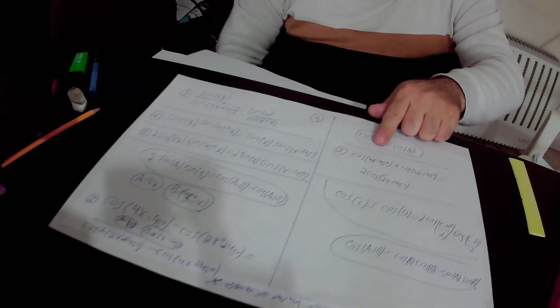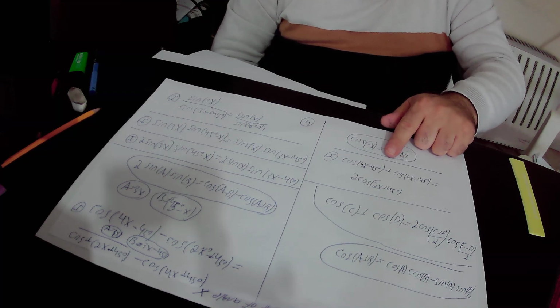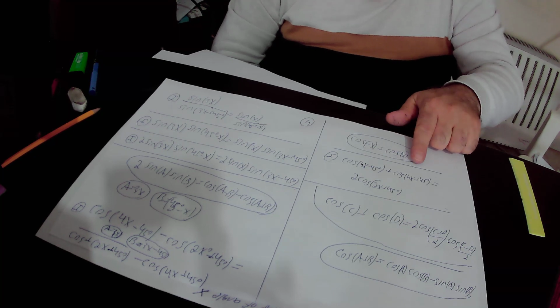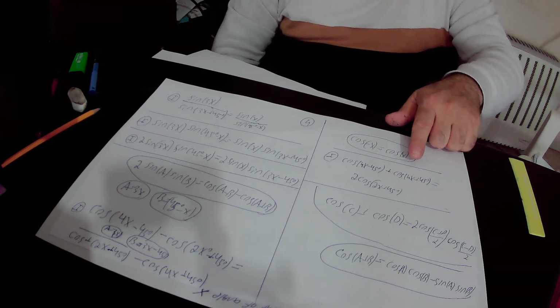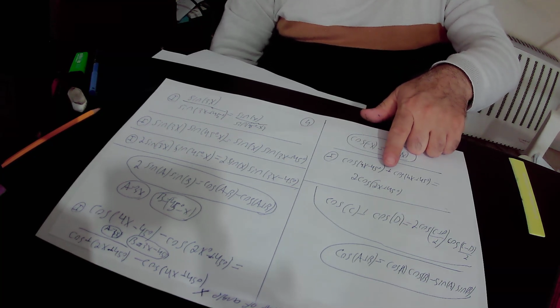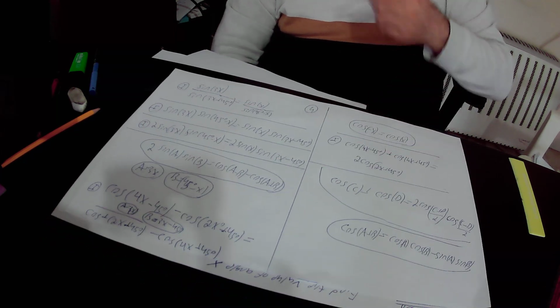It equals cosine 45 degrees times cosine 4x minus 45 degrees plus cosine 4x plus 45 degrees, and it equals 2x plus 45 degrees.